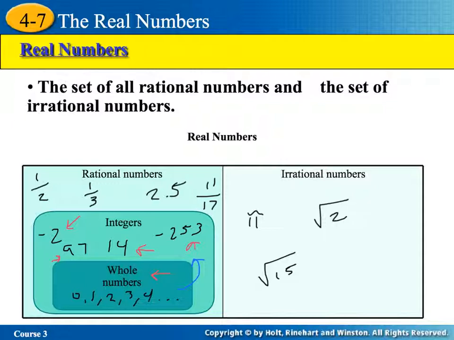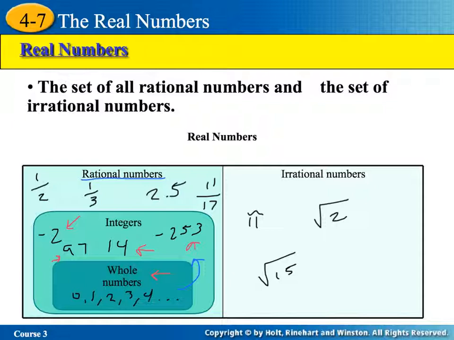Then we also have rational numbers. We just talked about that. Any number that can be written as a terminating decimal, repeating decimal, and as a fraction. So 11/17, 1/3, 2.5.